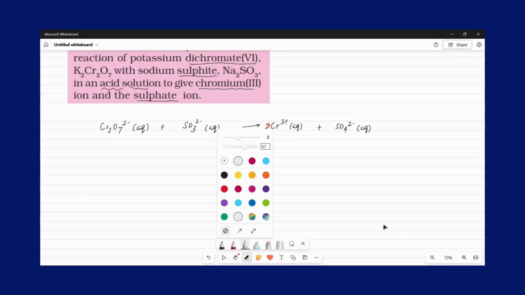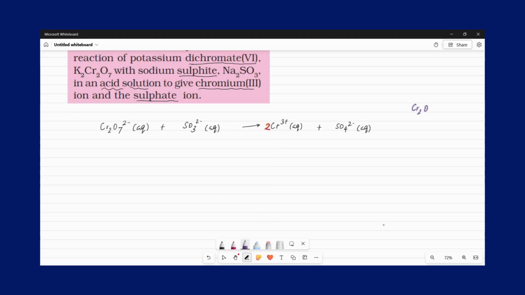Now the next step is to identify the change in oxidation number. First identify the oxidation numbers. For the dichromate ion Cr2O7 2 minus, if I want to find the oxidation number of chromium, 2 times X plus 7 times negative 2 equals negative 2, because oxygen has an oxidation number of negative 2.